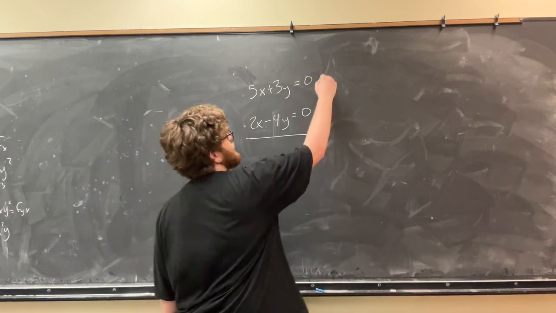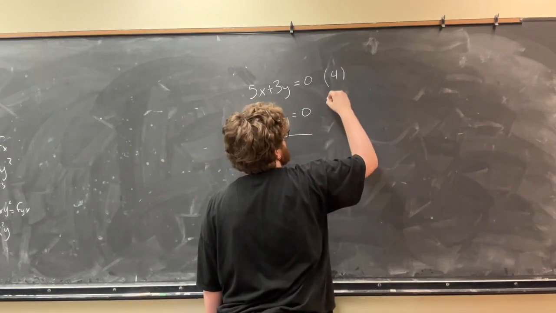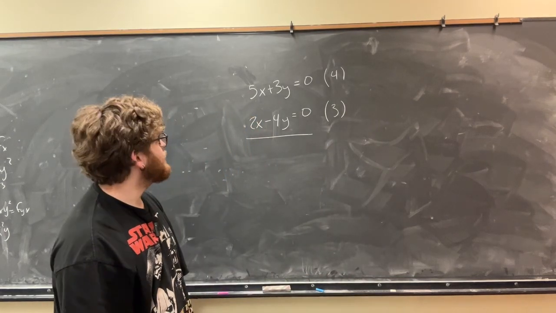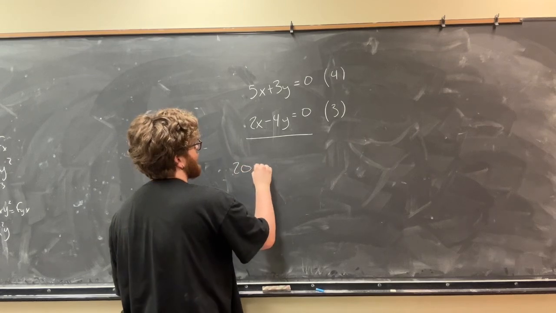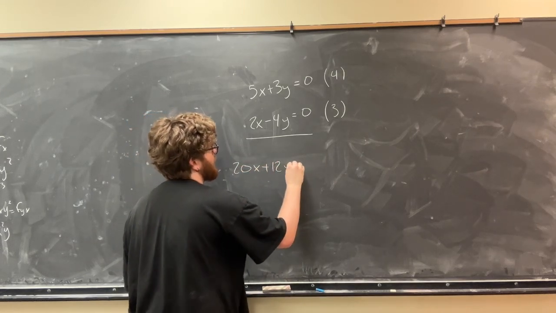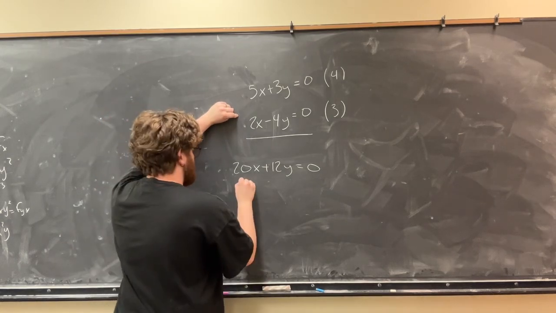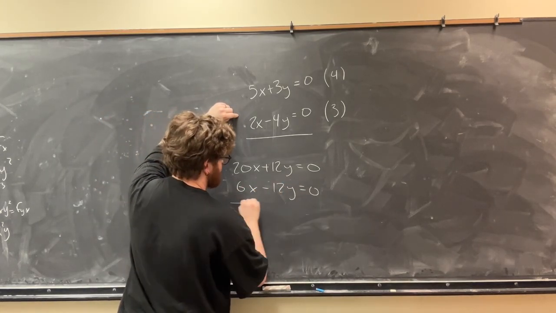So what am I going to do? Well, I can multiply this top equation by 4 and multiply this bottom equation by 3. If I multiply this one by 4, I get 20x plus 12y equals 0. If I multiply this one by 3, I get 6x minus 12y equals 0.